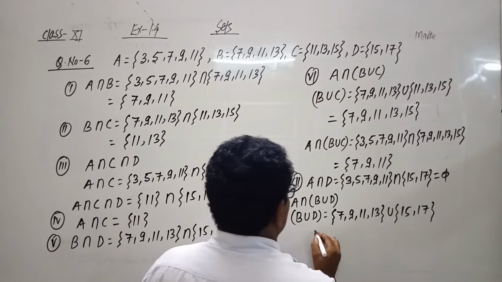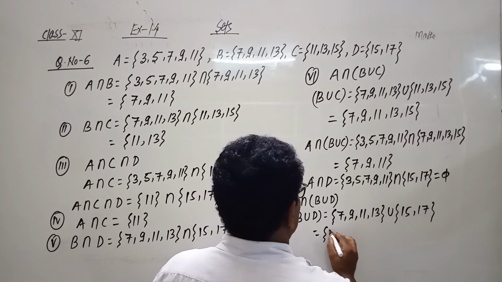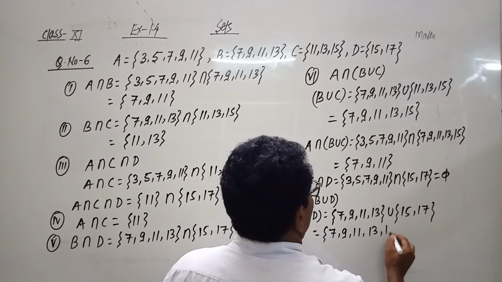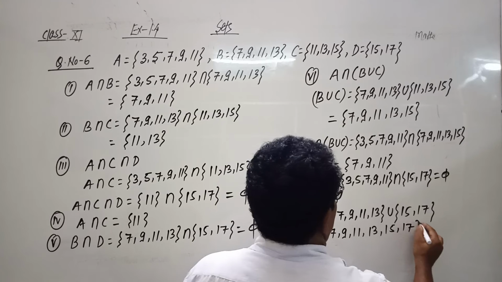Then write the combined terms. We get 7, 9, 11, 13, 15 and 17.